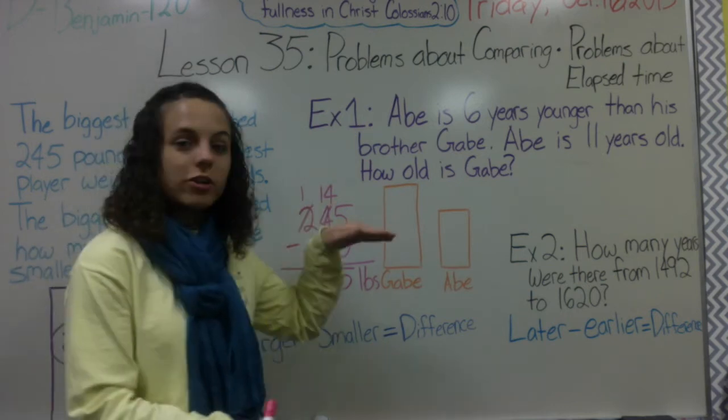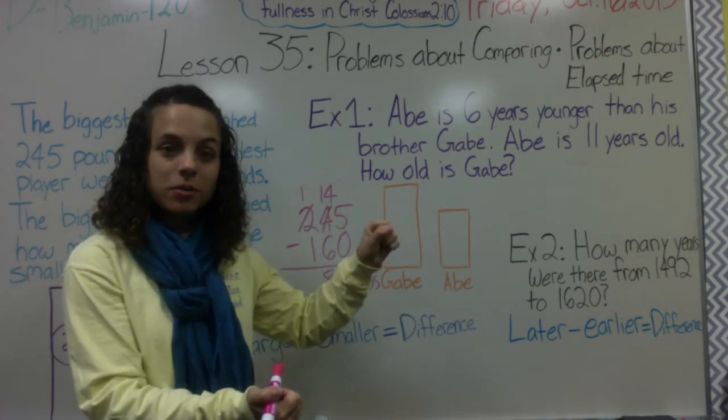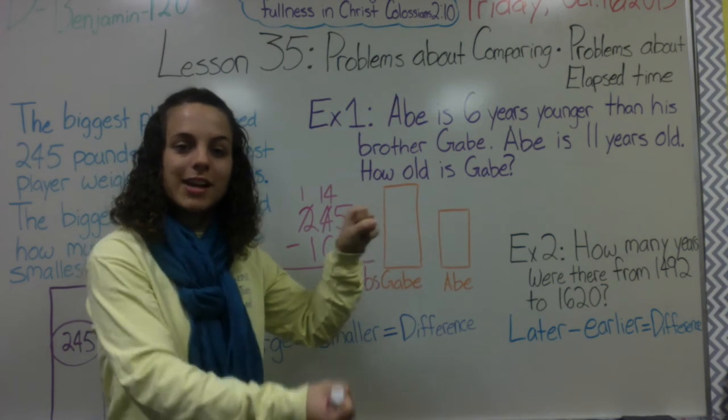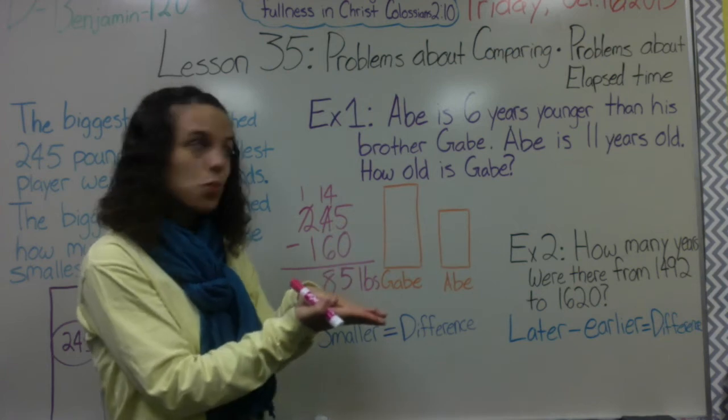So I would subtract the later year, 2015, minus the earlier year, 1776, and I would find how many years old America is, or how many years basically are in between.